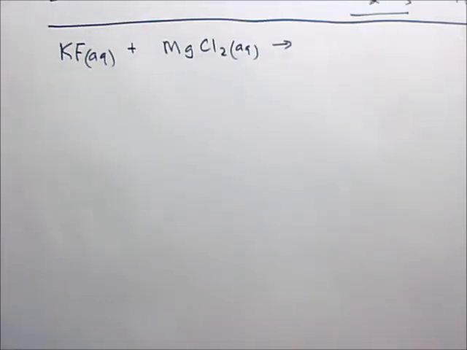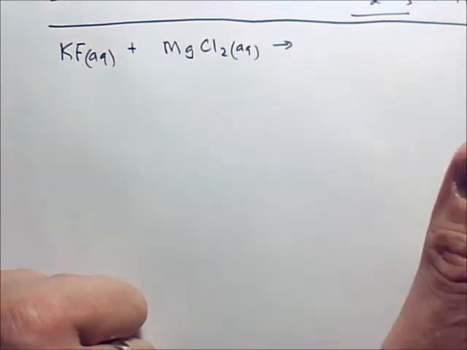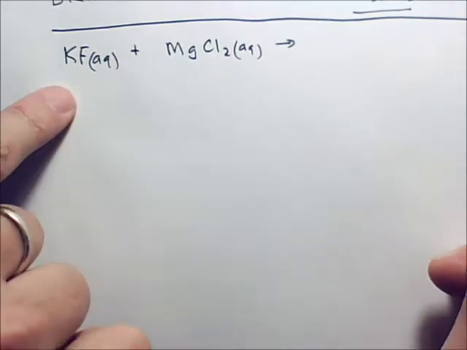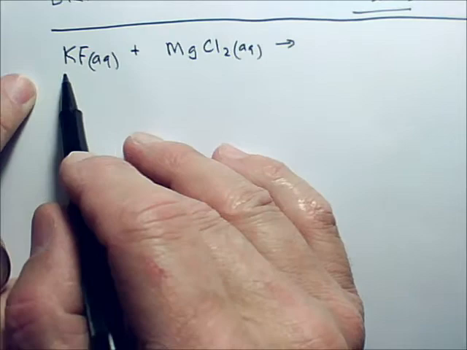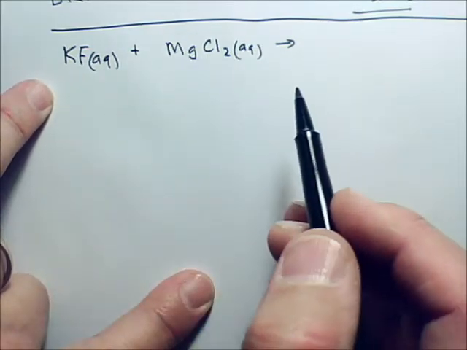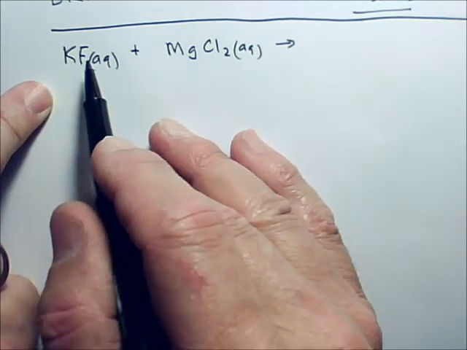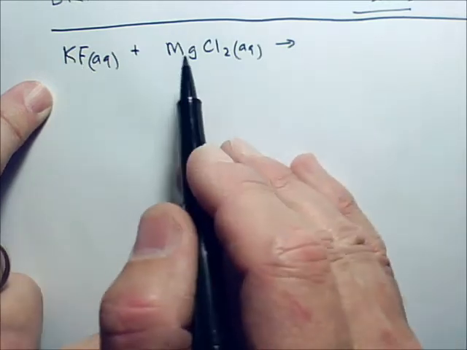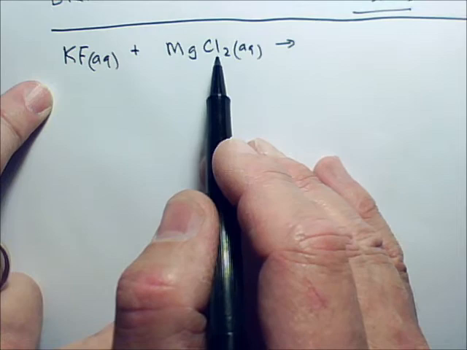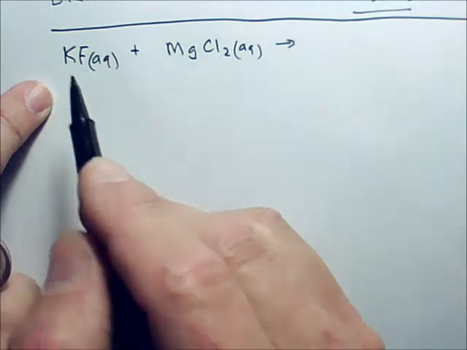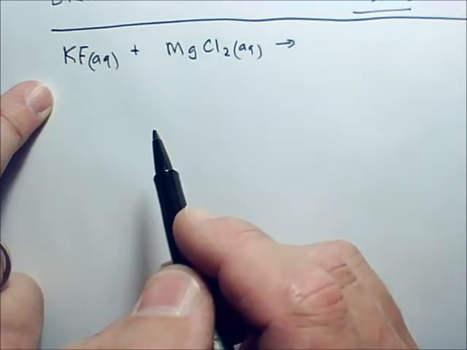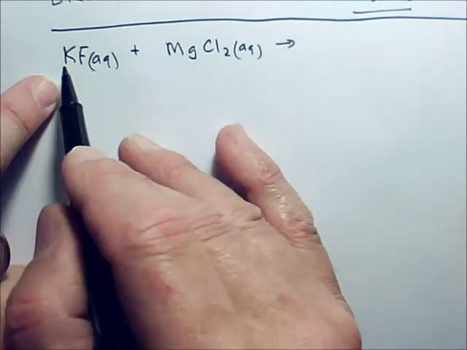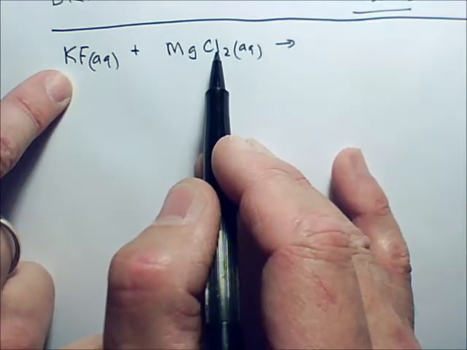Okay, let's take a look at this reaction. All right, so I have two ionic compounds: potassium fluoride, magnesium chloride. Okay, so if a double replacement reaction is likely to occur, then the potassium has to go with the chloride.